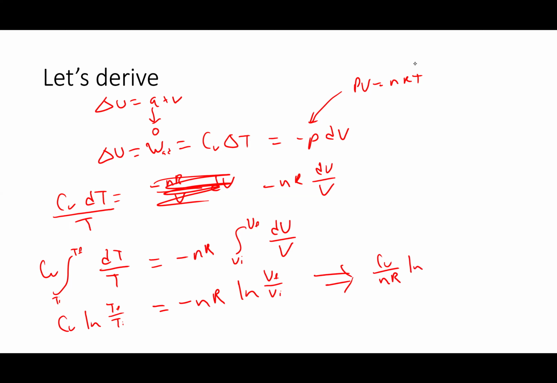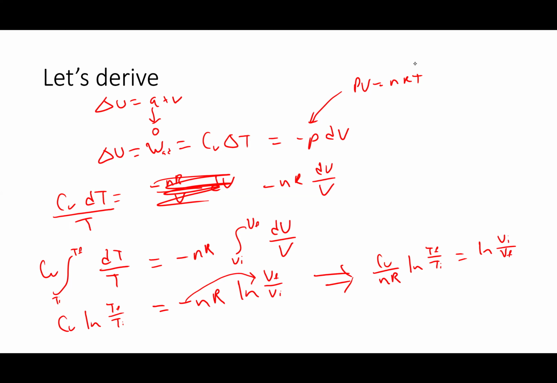So basically, natural log of Tf over Ti. And over here, we use this negative to flip the natural log, making it Vi over Vf, because the negative becomes a -1 exponent because of our logarithmic properties, and the -1 exponent of a fraction flips the fraction. So we flip the fraction inside.